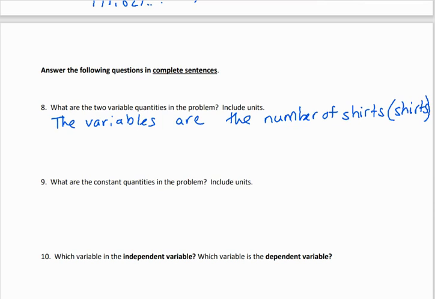So that was our first variable. And the other is what? What was the Y standing for? Total cost. And what's our unit for total cost? Dollars. Okay, so variables should be very easy to identify after having filled in your chart.